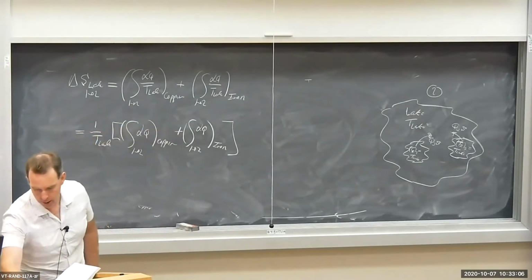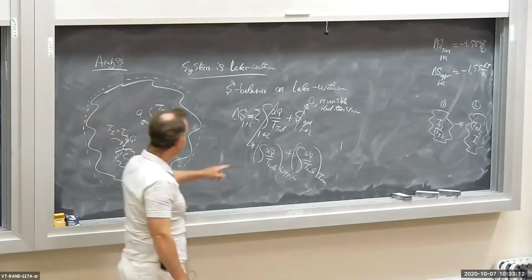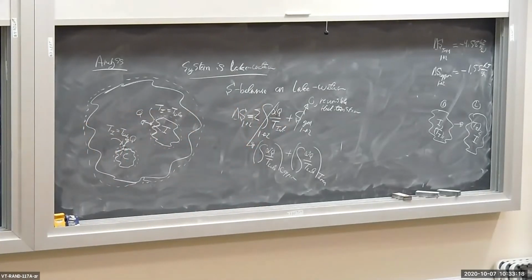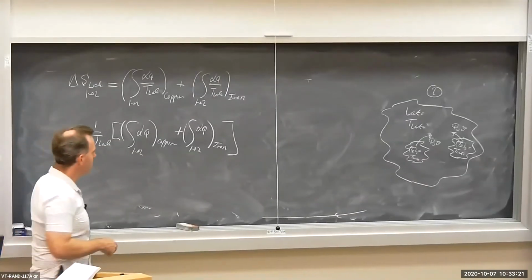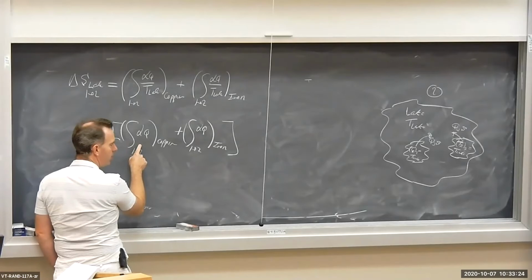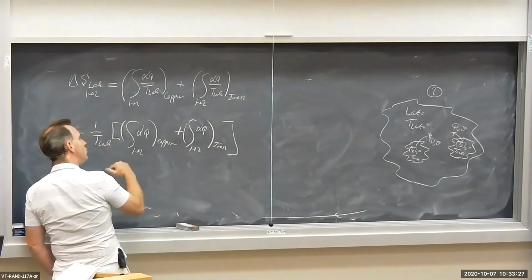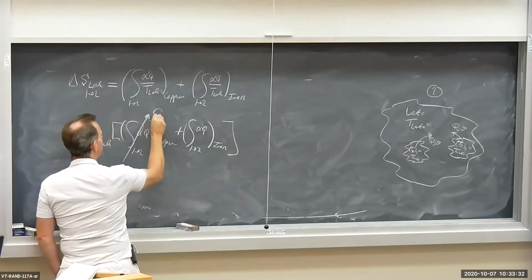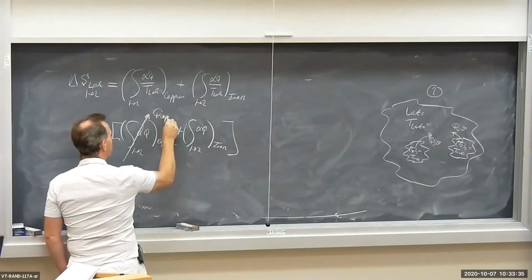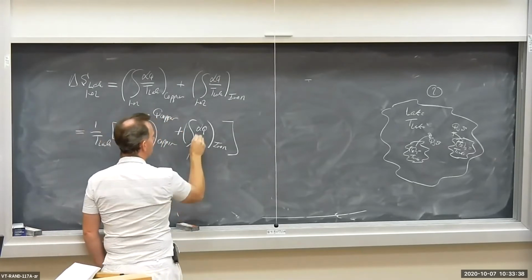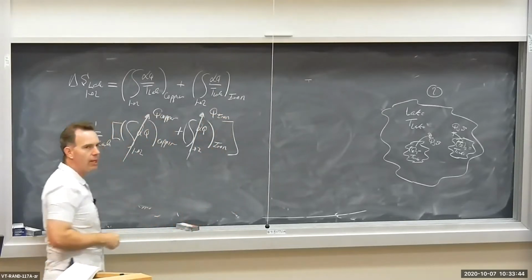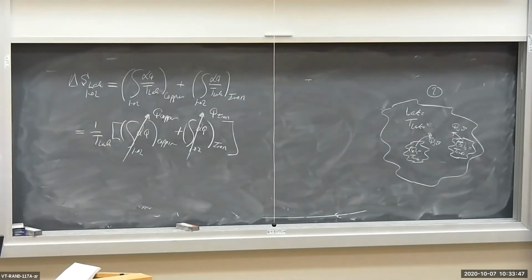And for the entropy balance, this is added to the system, positive. So the integral of the little bit of heat transfer over the process from the copper to the lake, well, that's going to be equal to Q copper, and this is going to be equal to Q iron, and that is to the lake from the copper and the iron. We need to figure out what these are.